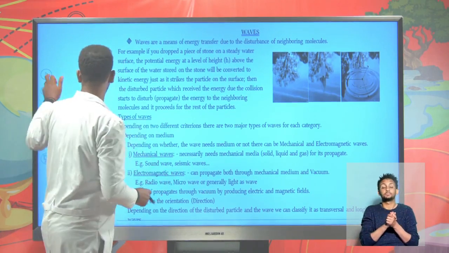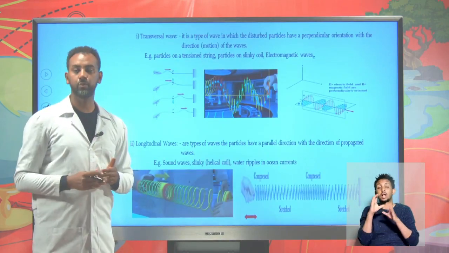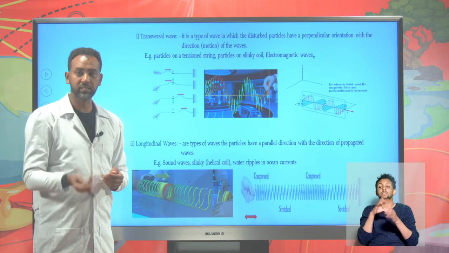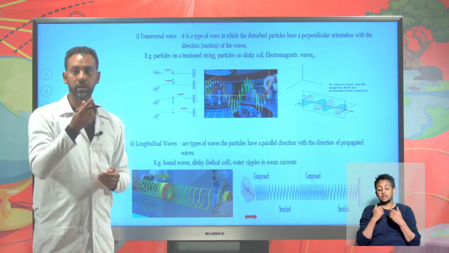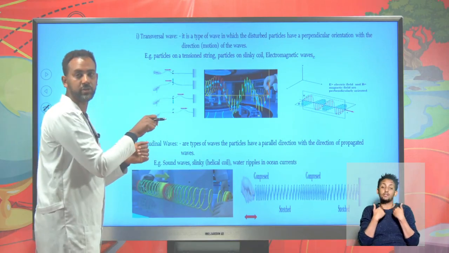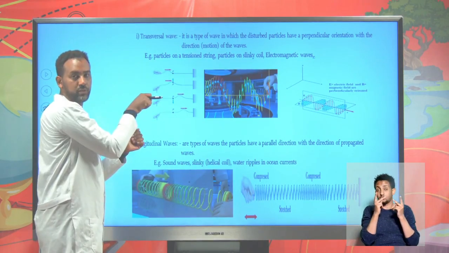Then the other category of waves is transverse waves and longitudinal waves. Transverse waves depend on orientation, meaning the disturbed particles move perpendicular to the direction of the wave. For example, here you have a tensioned string. You produce a wave here by disturbing it.